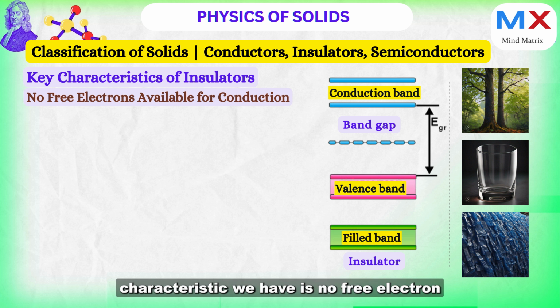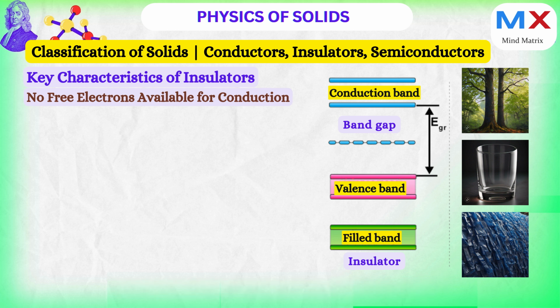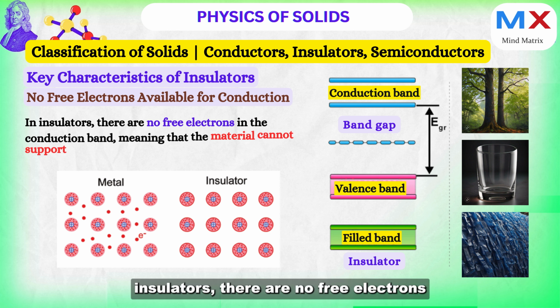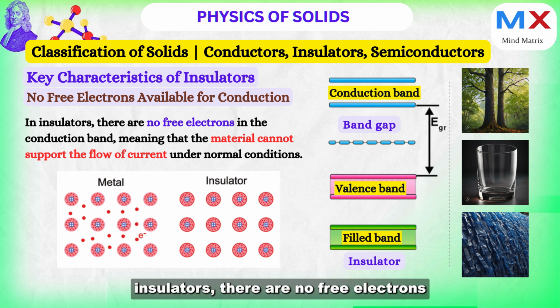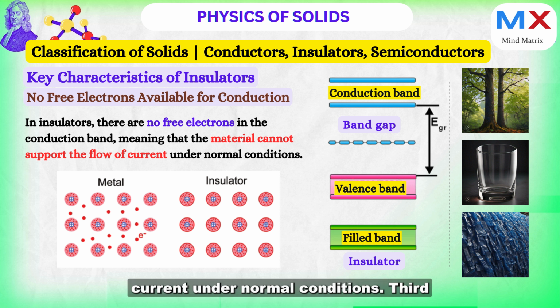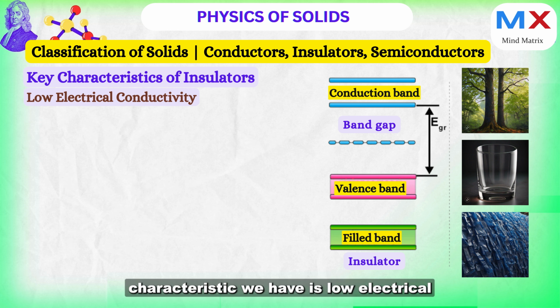The second characteristic we have is no free electrons available for conduction. In insulators, there are no free electrons in the conduction band, meaning that the material cannot support the flow of current under normal conditions. The third characteristic we have is low electrical conductivity.